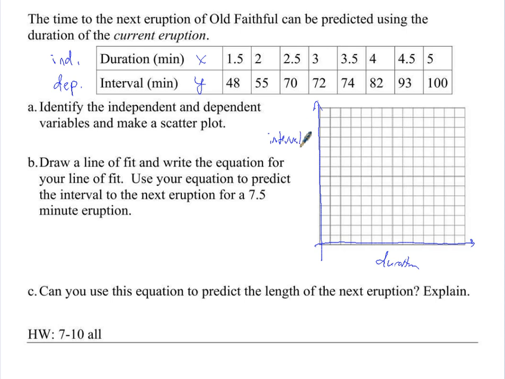Now for duration, we have 1.5 all the way up to 5. Yeah, we could go by halves, that'd be okay. So by 0.5. So that makes 1, 2, 3, 4, 5.